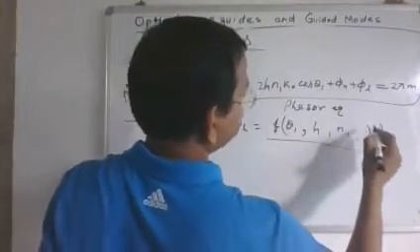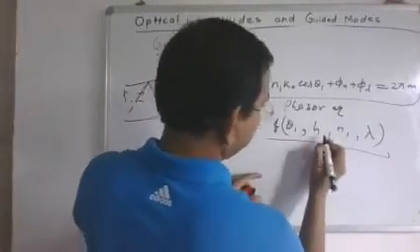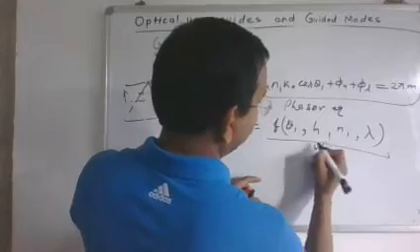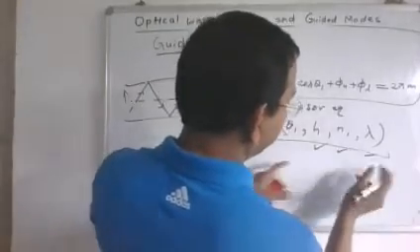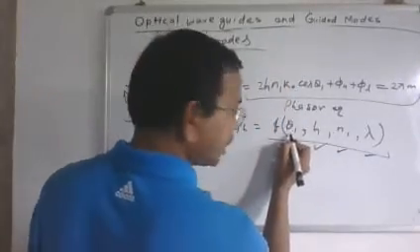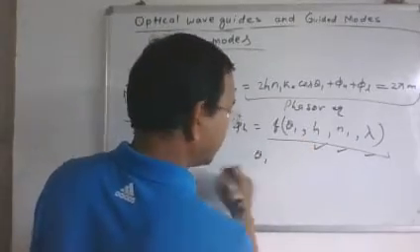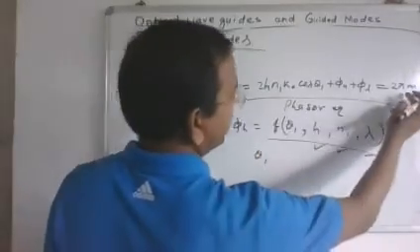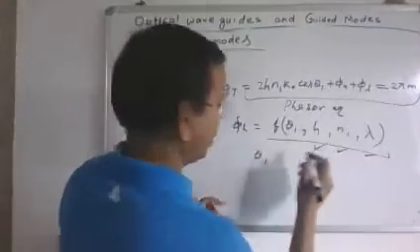Suppose we fix the waveguide height, n1 and lambda, then for some certain angle theta 1 it will make a 2 pi phase change.